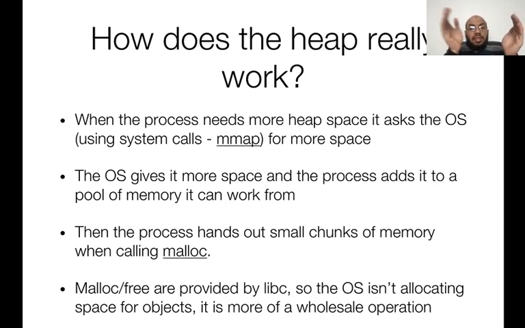That way, the operating system is not actually allocating space every time you need a sizeof int. You do that using malloc, but you do not do that via the operating system. So the operating system does not need to manage small bits of memory for your program.